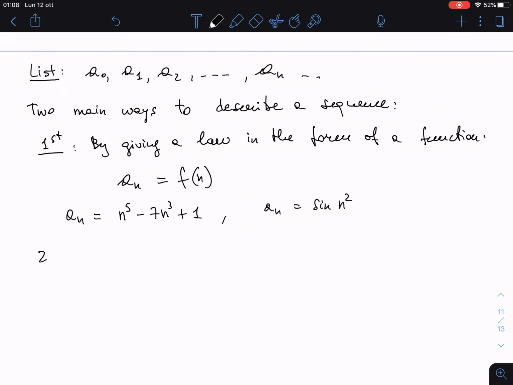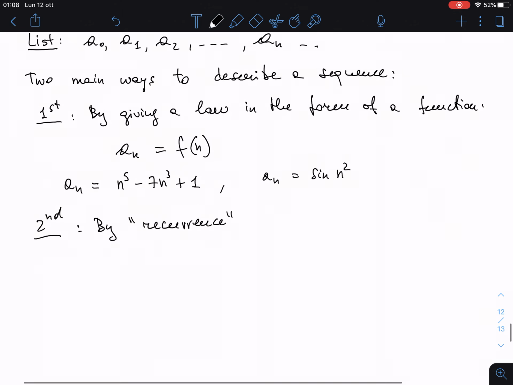Second, by recurrence. When I say by recurrence, I mean that the induction principle is used. So you do like that. First, you give a so-called initial datum, a0 in R. So this is the first step in the induction.